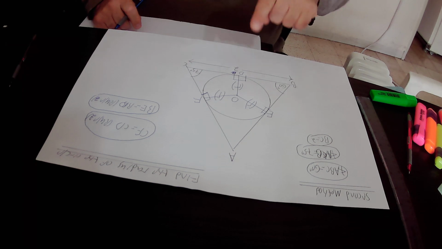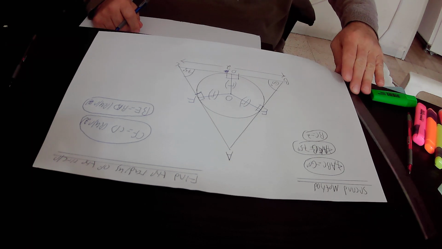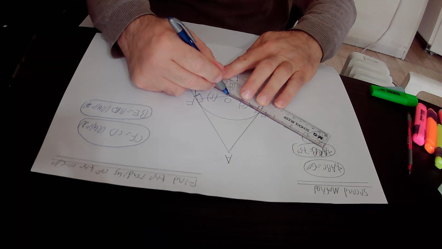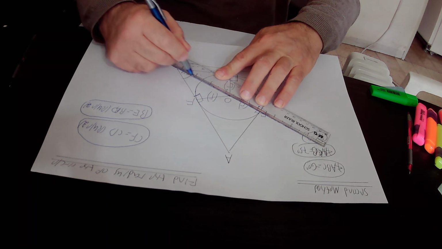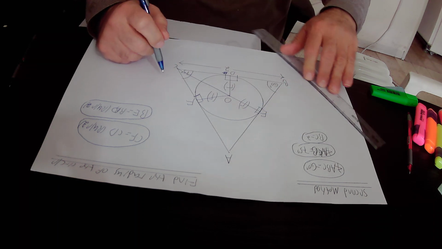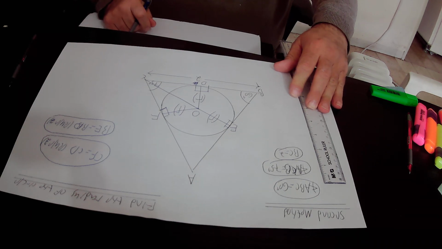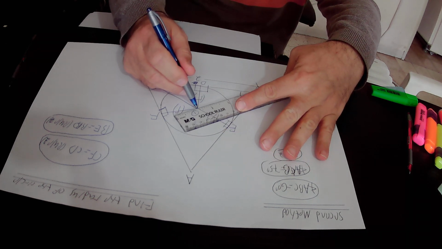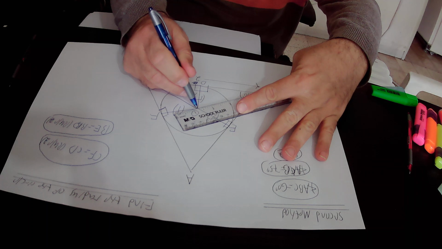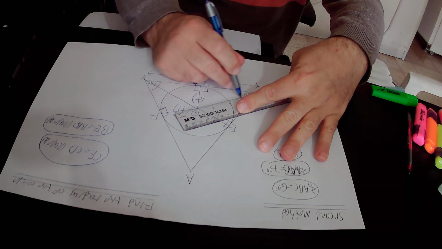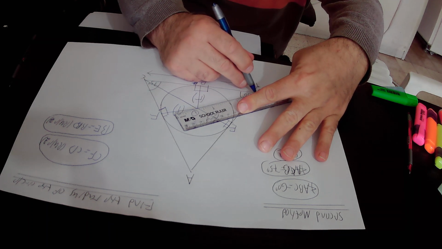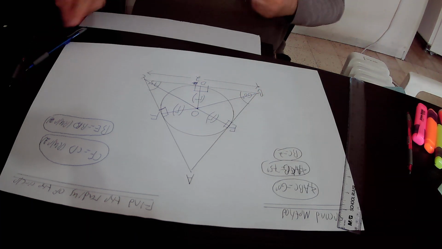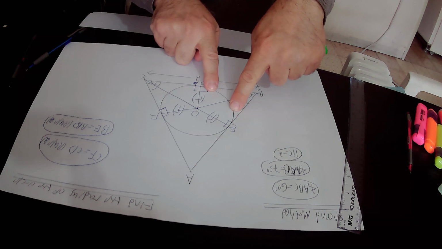In the next step, we will join points O and C together by a straight line. And we will join points O and B together by a straight line. We prove that those two right triangles can go into each other.